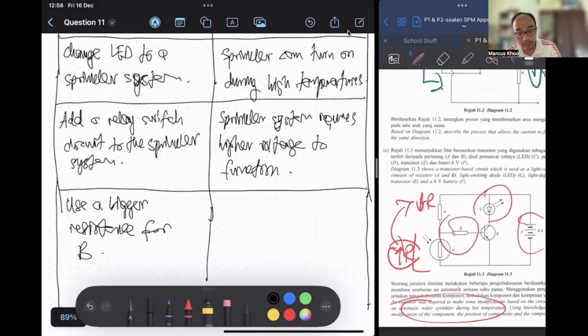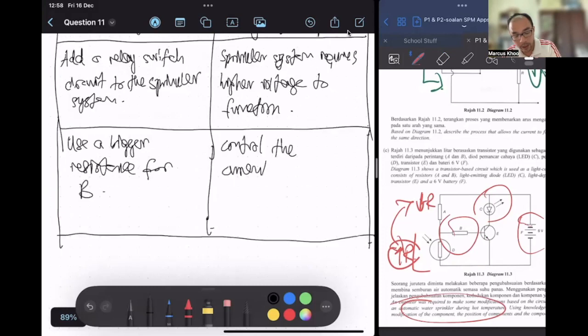And so we use a bigger resistance for B, usually to control the current flow, or to prevent the transistor from damage.